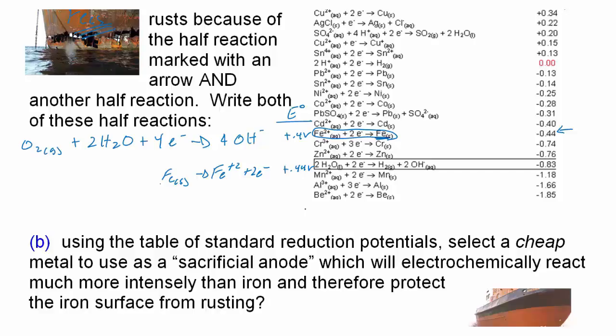Using the table of standard reduction potentials, select a cheap metal to use as a sacrificial anode, which will electrochemically react much more intensely than iron and therefore protect the iron surface from rusting. What can we use instead of this? Something that is more positive than 0.44 volts, and it needs to be an oxidation half reaction that's more positive.